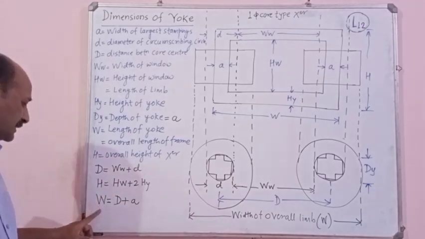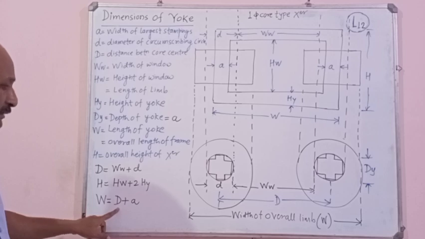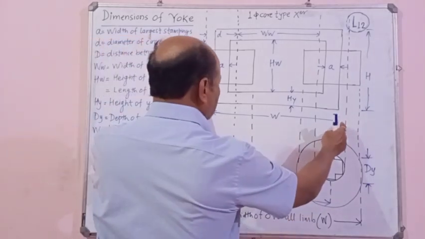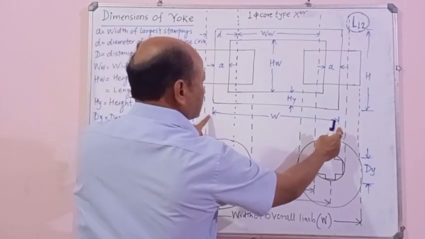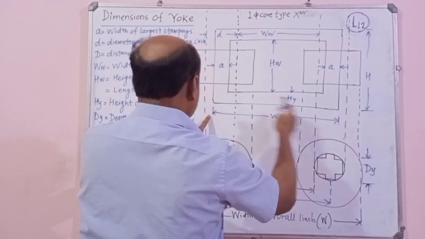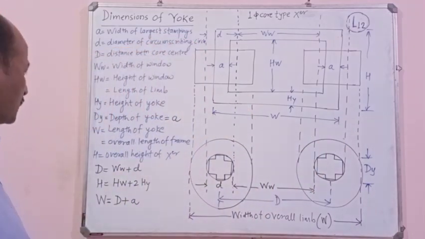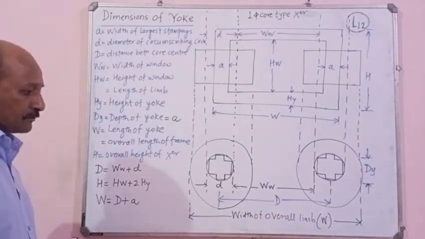And the last relation is capital W, the length of the yoke. Length of the yoke equals D plus a. So what is the length of the yoke? W equals D plus half of a and half of a. That is, D plus a is capital W, the length of the yoke.